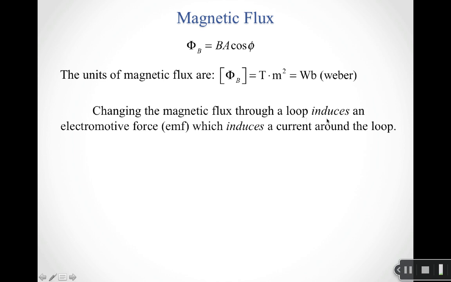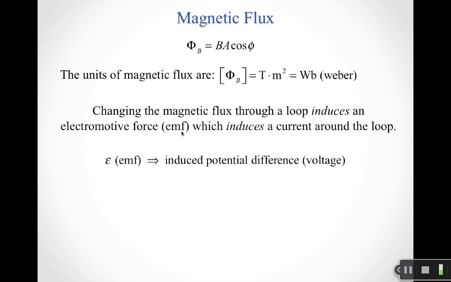What we're going to see is that when we change the magnetic flux through some loop, it's going to induce an electromotive force which induces a current around the loop. So the first question is, what on earth is an EMF? An EMF, for which we're going to use this lowercase epsilon symbol, is not a force. It's really an induced potential difference.